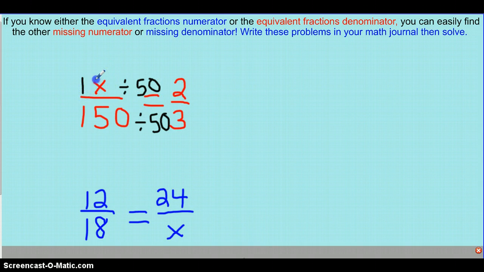So 100 goes right here. Let's try down here. 12 to get to 24, I would multiply by 2. So if I multiply by 2 on the numerator, I would multiply by 2 on the denominator, and I get 36. Is this what you got?